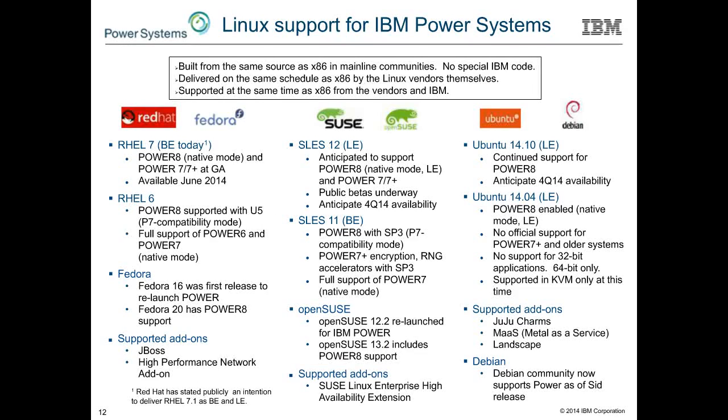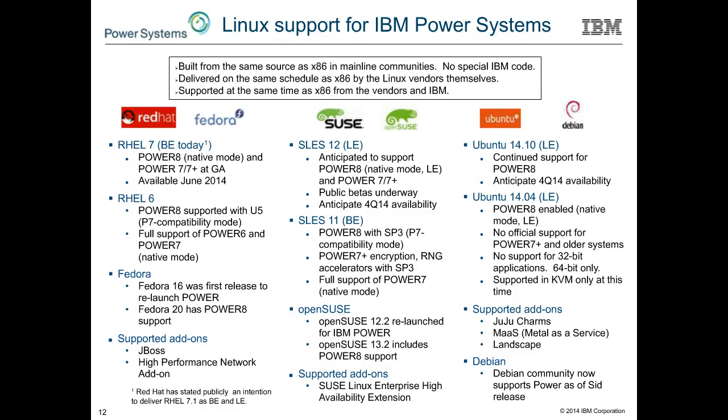So let me just give you a foreshadowing of some more of the things we're going to talk about in the next section on why Linux on Power, and just show you that IBM has strong support across Power systems for each of these three vendors and their distributions.